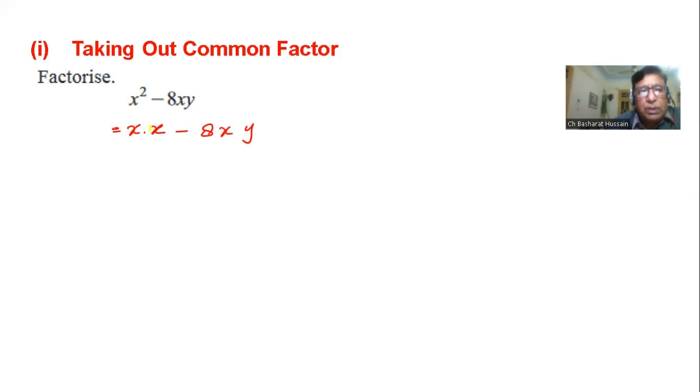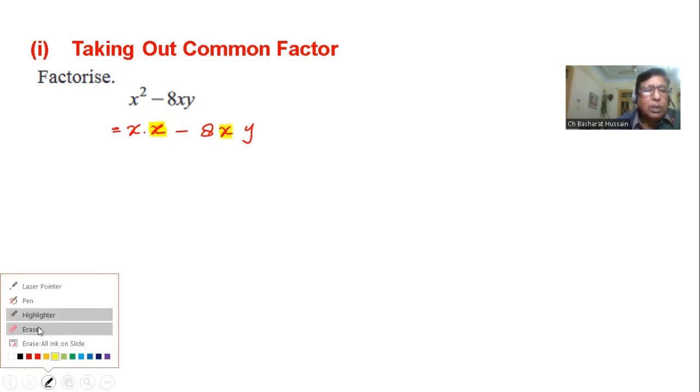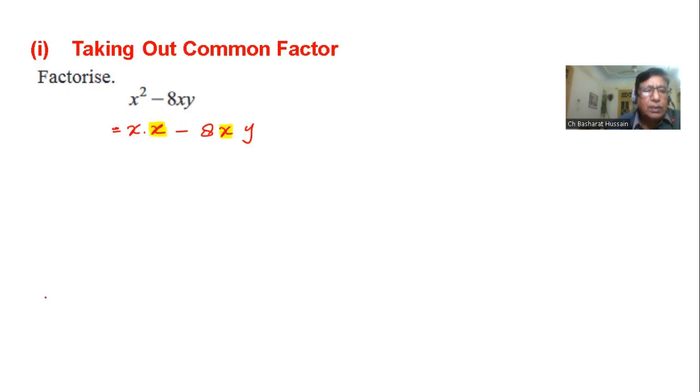If you look carefully, there is x in the first term and x is also present in the second term. So in these two terms, we have a common factor. Which one? x. x is in the first term as well as in the second term.